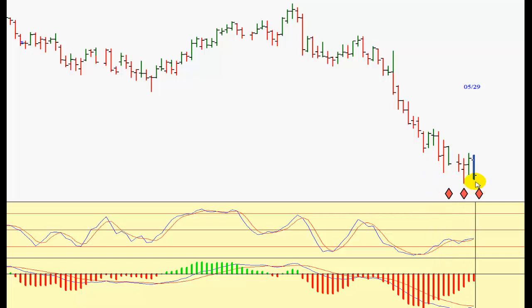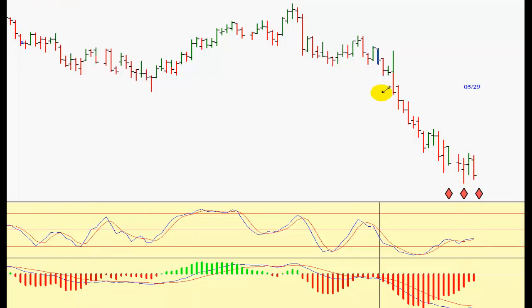You can utilize this bar right here, for example, which is not a bad idea, because you have a move up, a move down, and if it doesn't go lower than here and takes out this top right here, that would be a really good buy situation.